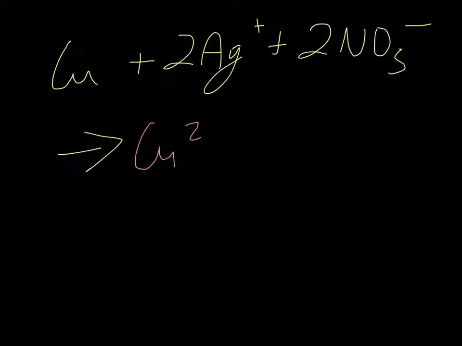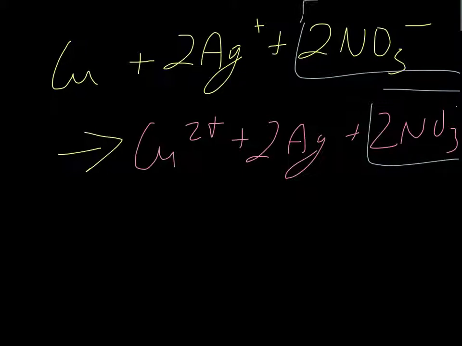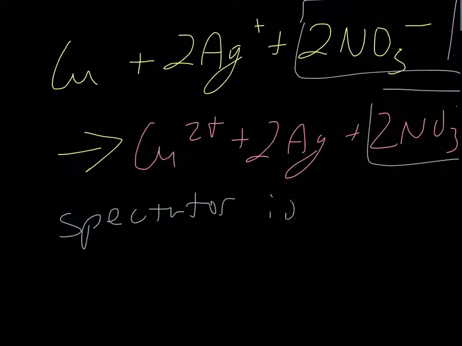So copper is now 2+ plus 2Ag plus 2 NO3 minus. Now you see the NO3 minus didn't change at all. So in a net ionic equation, the NO3 minus is what you would call a spectator ion, which means it just didn't really do anything, it didn't really participate in this reaction.